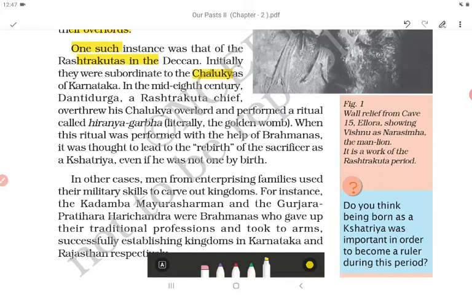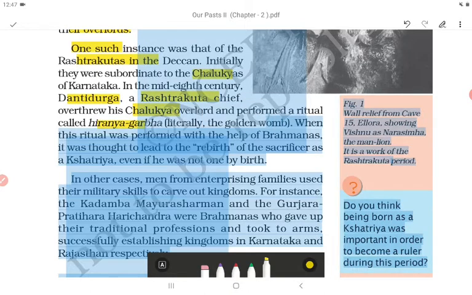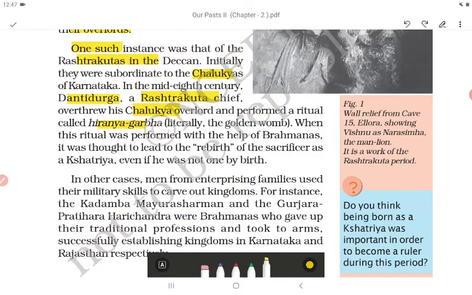In the mid 8th century, Dantidurga, a Rashtrakuta chief, overthrew his Chalukya overlord and performed a ritual called Hiranyagarbha, literally the golden womb.